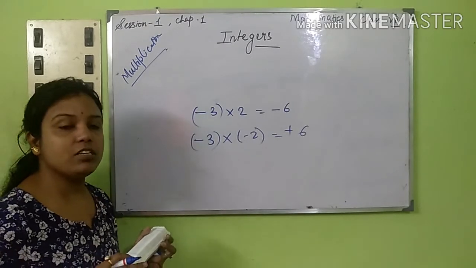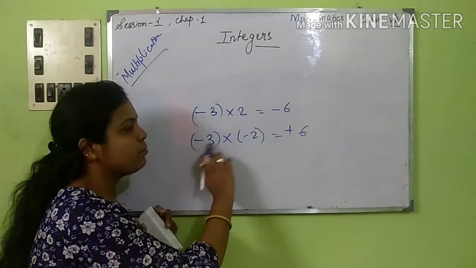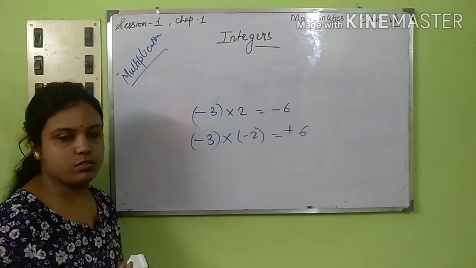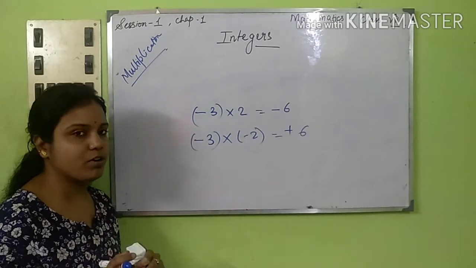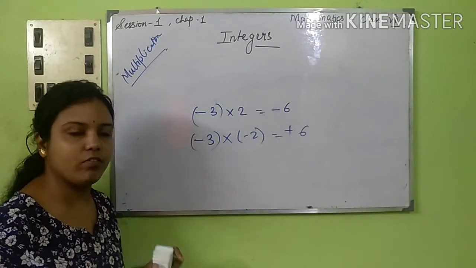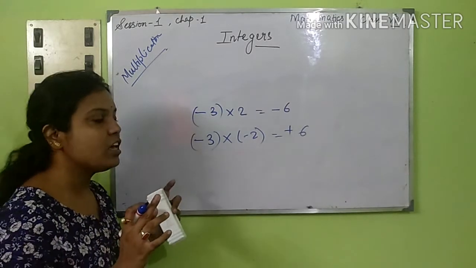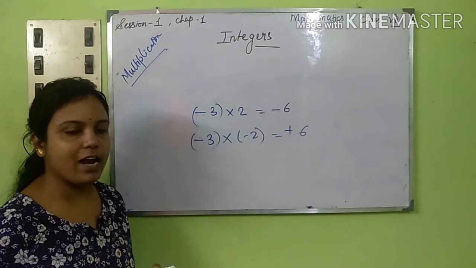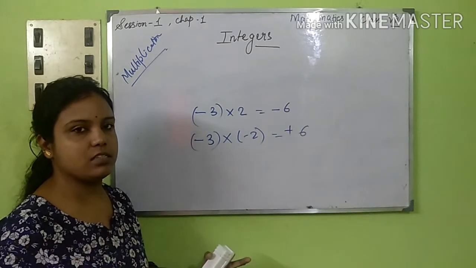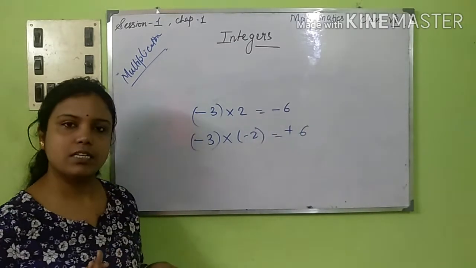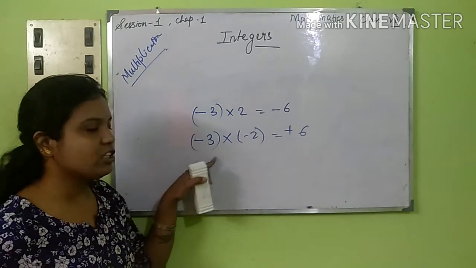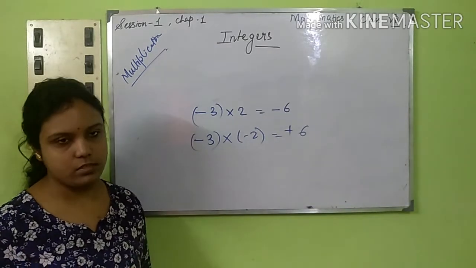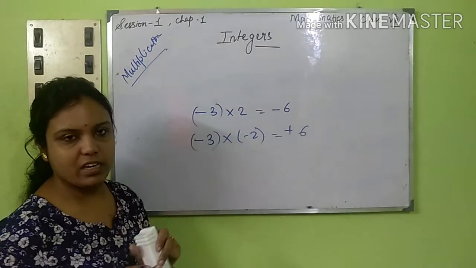For multiplication, we multiply the signs also. Before, in addition and subtraction, you have seen we were not doing that. We were just seeing whether the operation will be a subtraction or addition, and as soon as we get the answer, we place the signs accordingly. But for multiplication, we also multiply the signs. I hope this too is very clear to you.